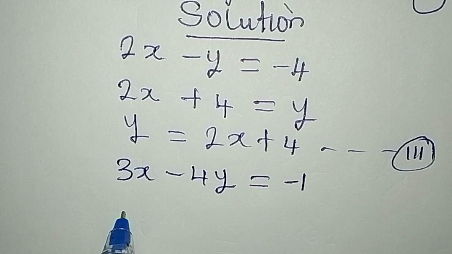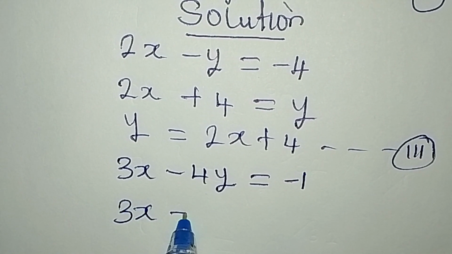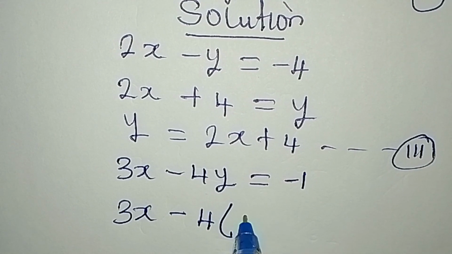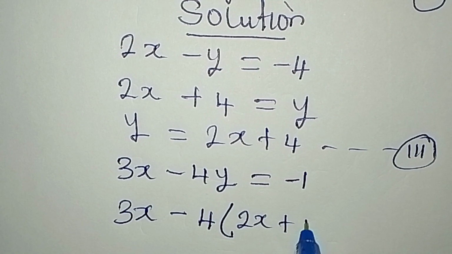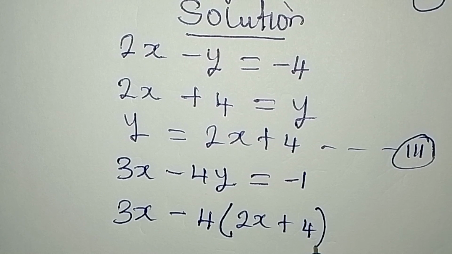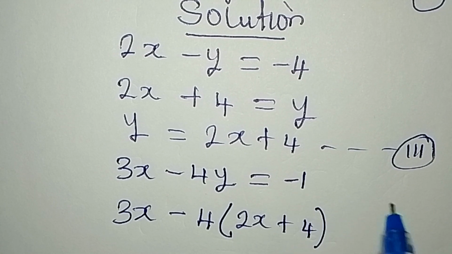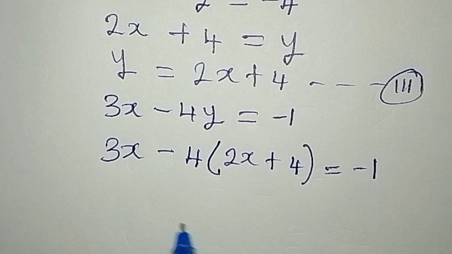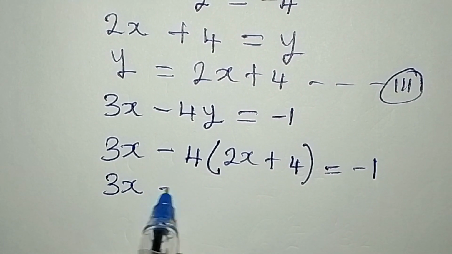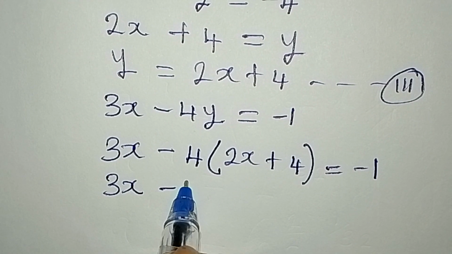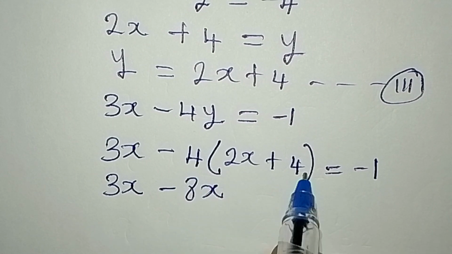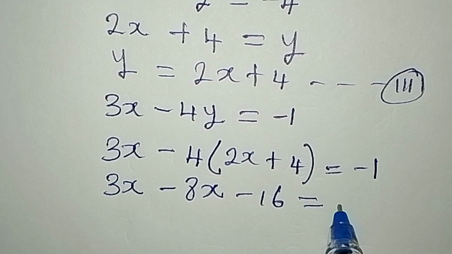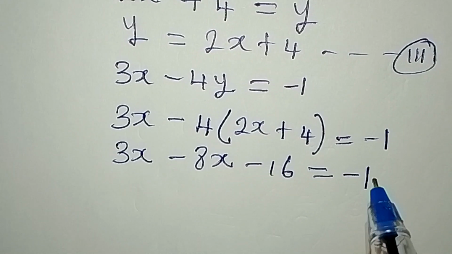So I'm going to write 3x minus 4, open bracket, y here is 2x plus 4, close the bracket, and then we equate this to negative 1. Open the bracket so that we have 3x minus 4 times 2x is 8x, minus 4 times 4, that will give us minus 16, and the whole of this is equal to negative 1.